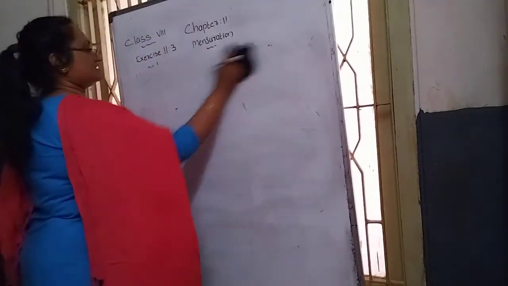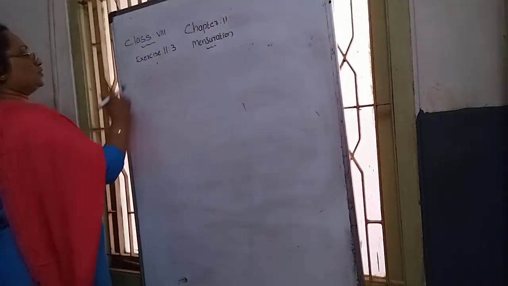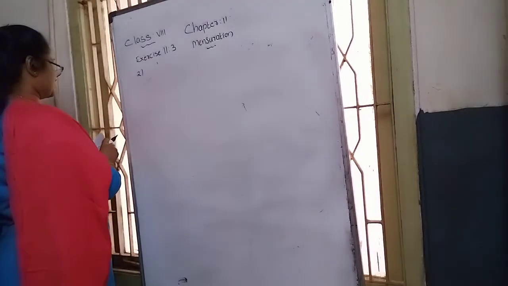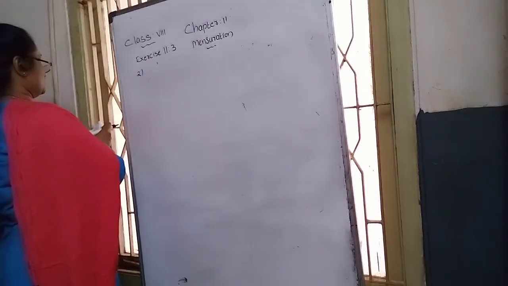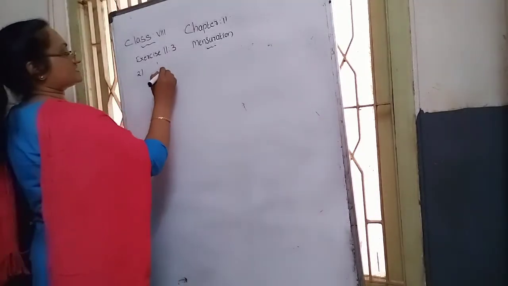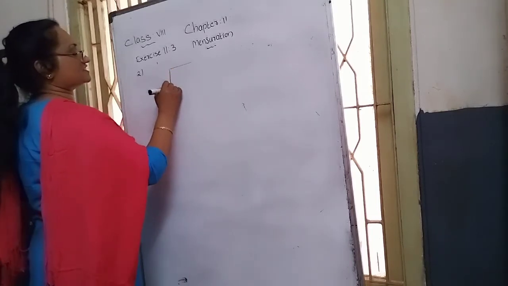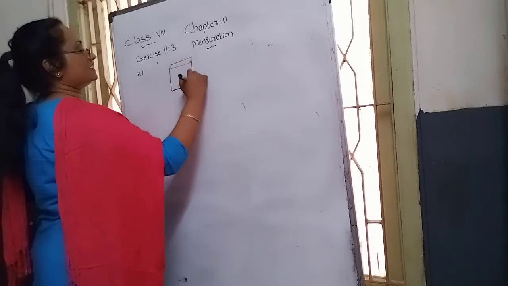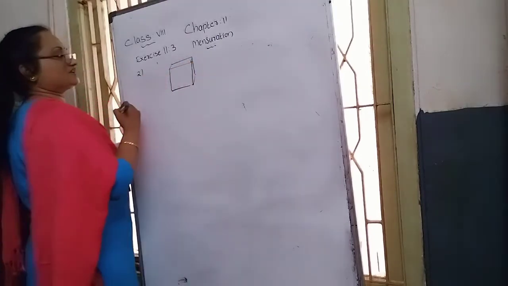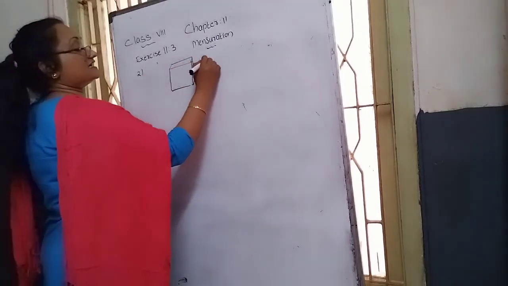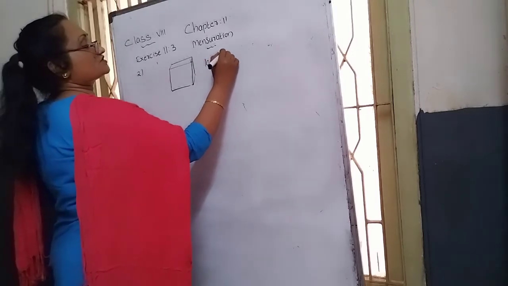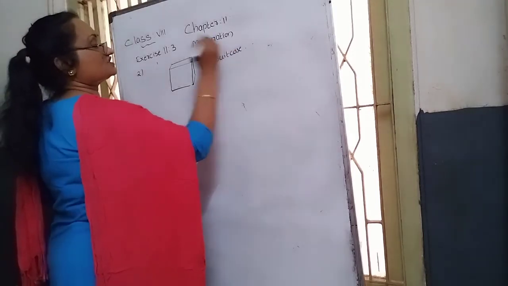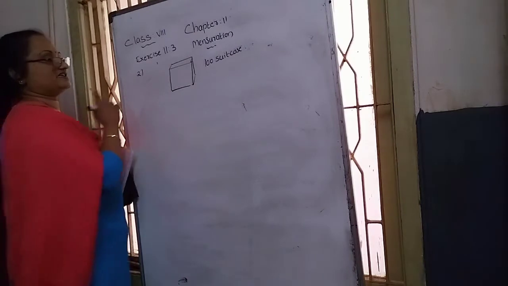In the second sum, one cuboid shape suitcase is there. Such type of 100 suitcases are there.